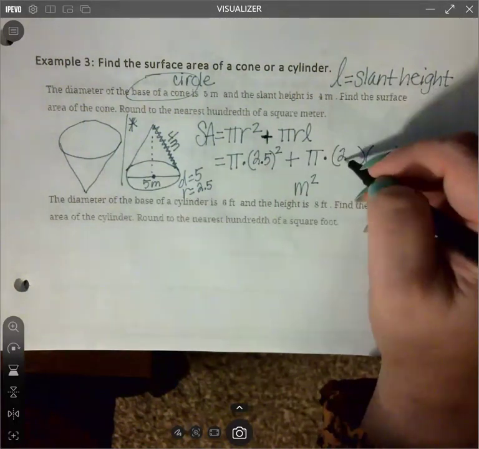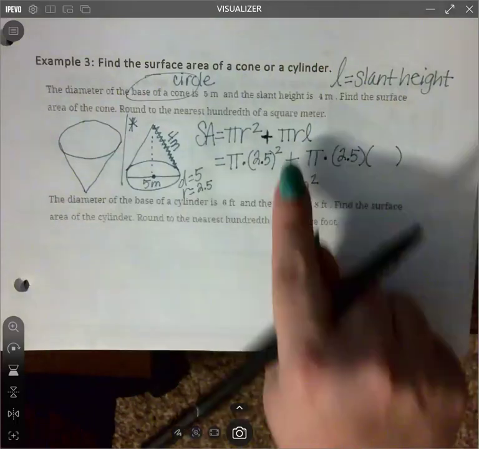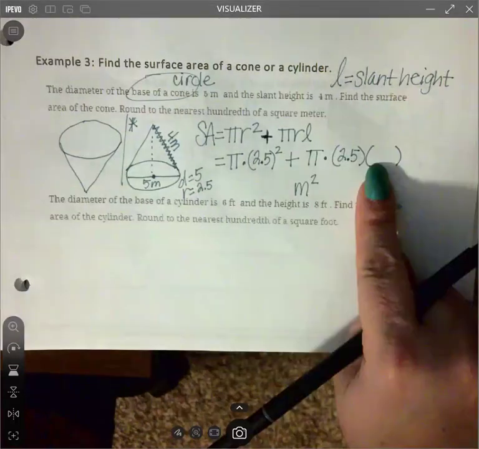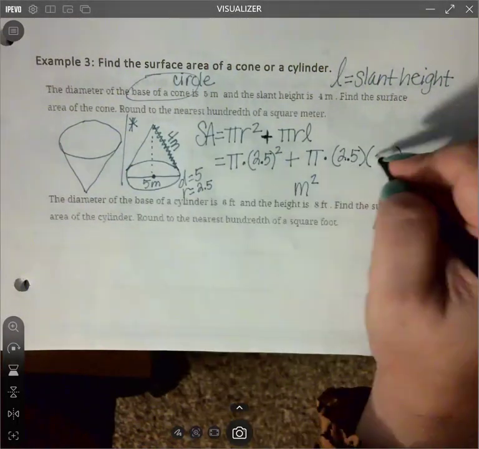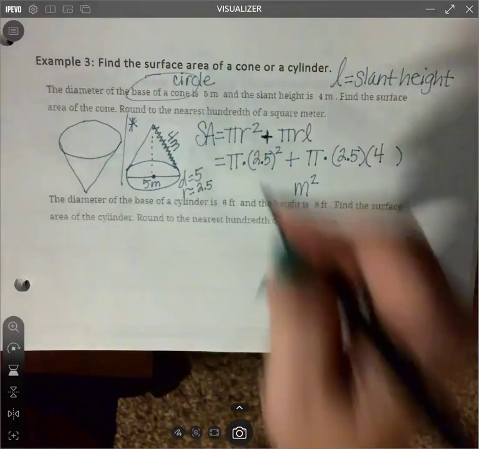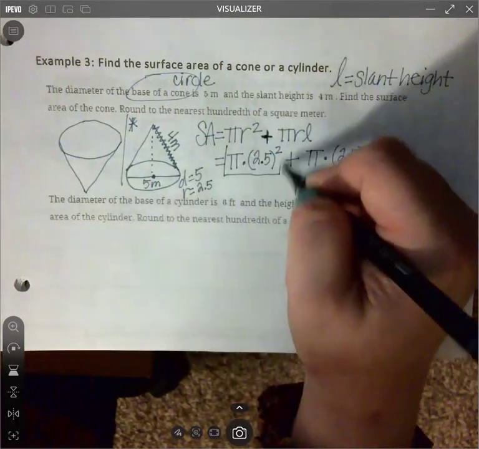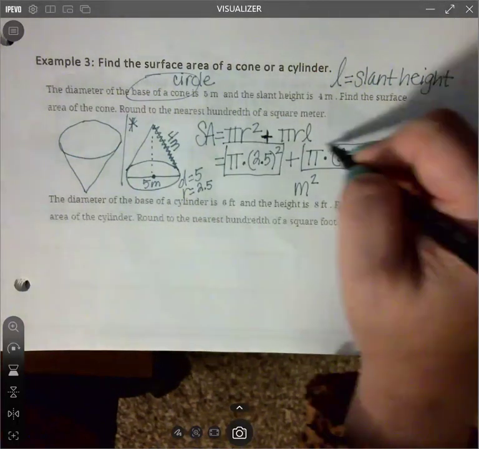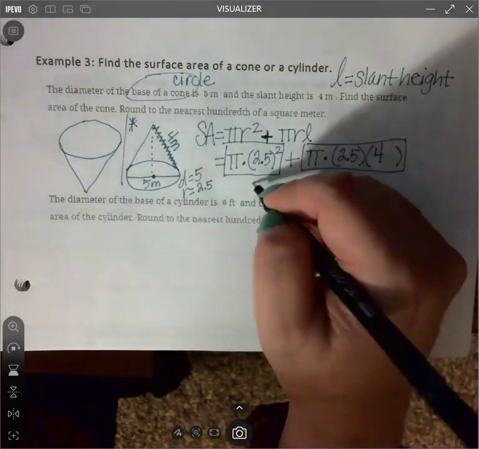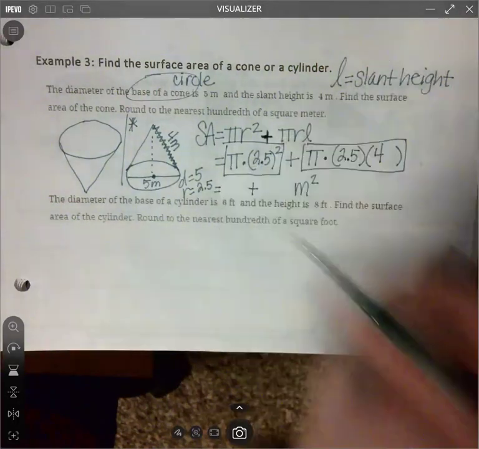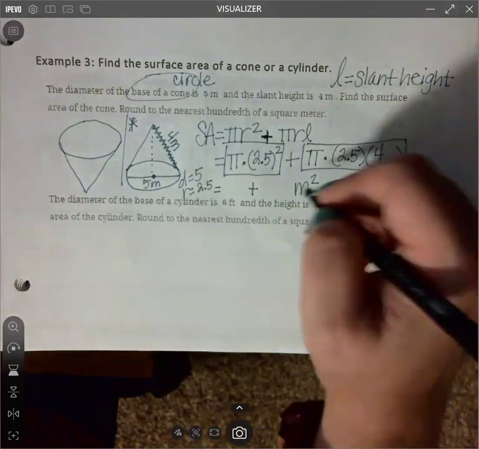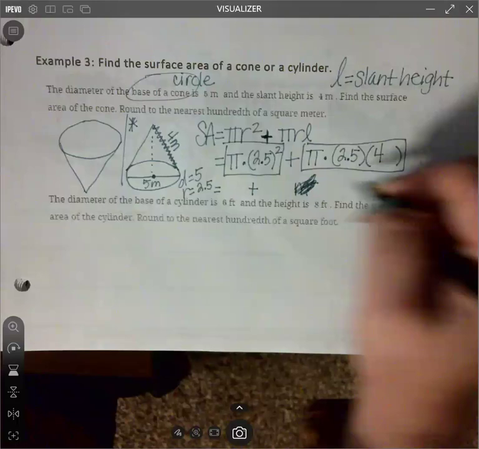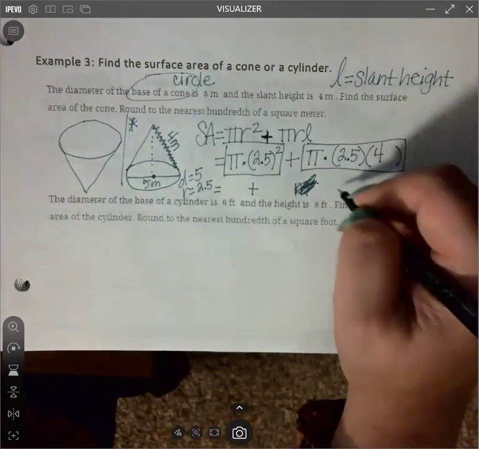And then I also need 2.5 over here because I have the radius over in this part of the formula. And then that slant height, which is 4. When you do this type of problem, get an answer for this piece, get an answer for this piece, and then we're going to add those two answers together. And again, our answer is going to be meters squared. I'm going to scoot it over because I need a little more space.